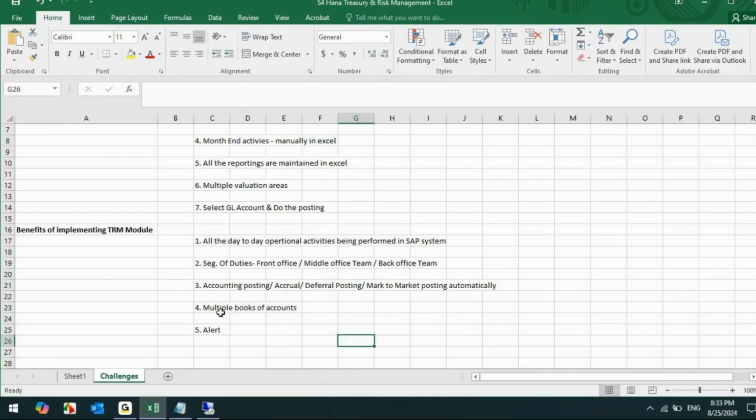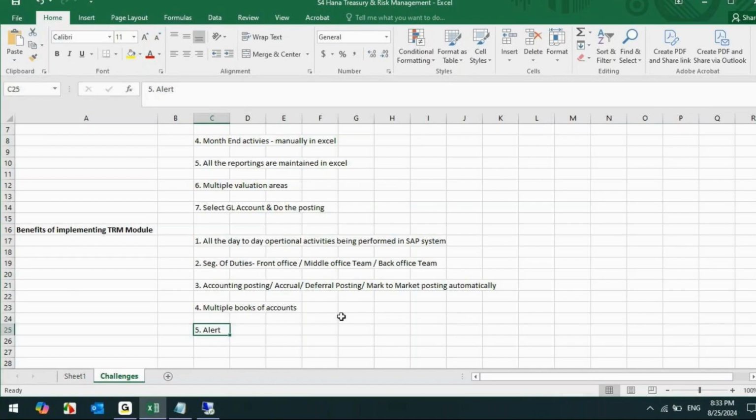It's called alert management. You can also make some enhancement to the alert, and the alert will be sent to a particular user and they will get the notification, okay, this particular FD is getting matured. And month-end activities also, you can schedule as a background job and automate.